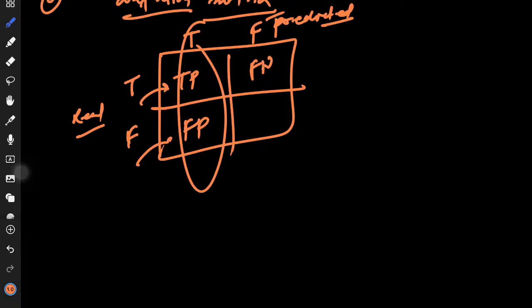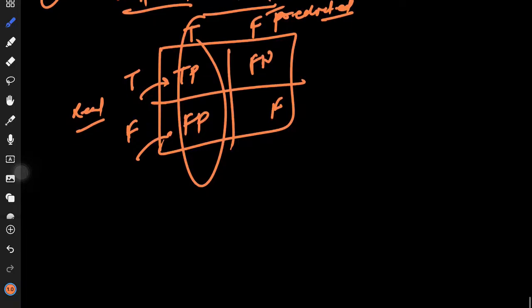And here the model is telling it is false, and actually it is false, so that's why it is a true negative. So this is our confusion matrix.